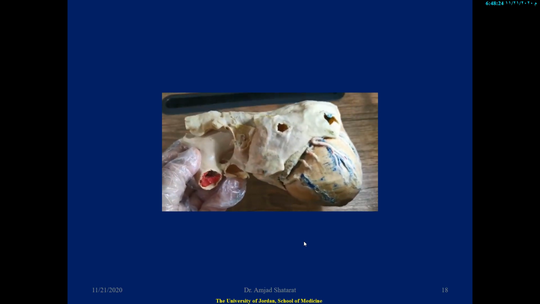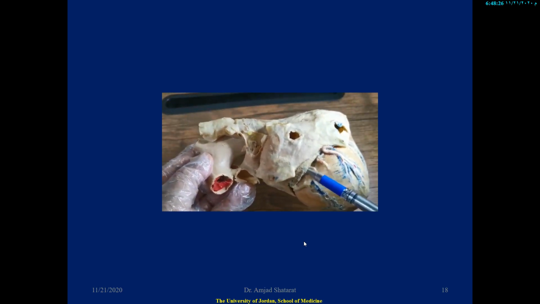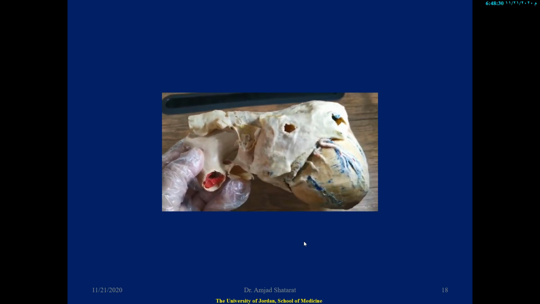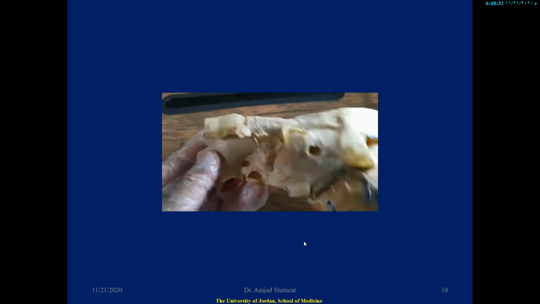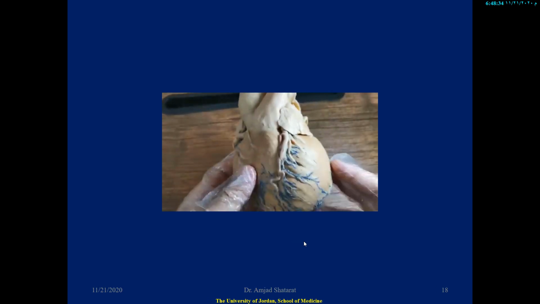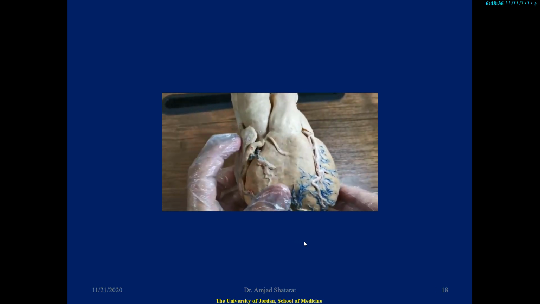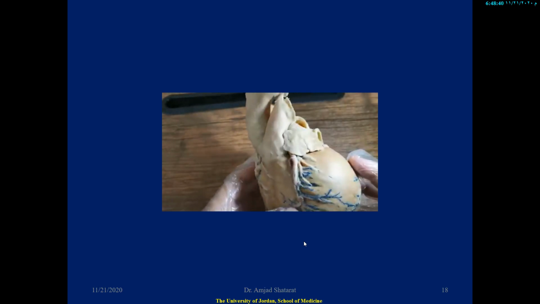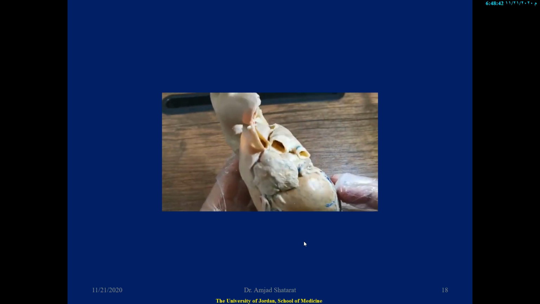As you can see, the coronary sinus is in the coronary sulcus. What else? If we go to the other side, we have described this part here. Now we're going to the other side.